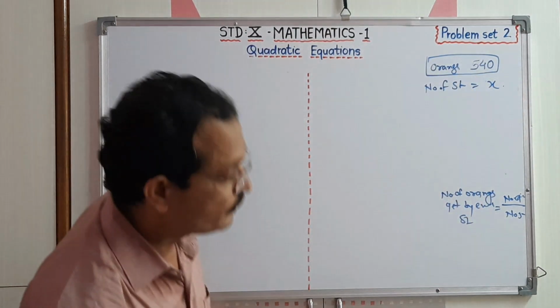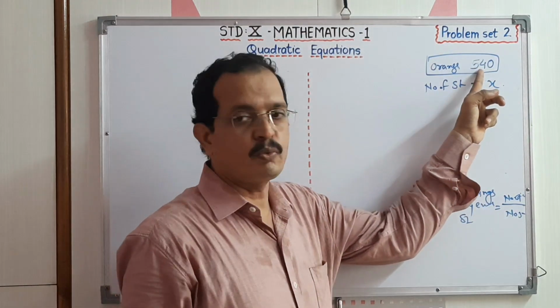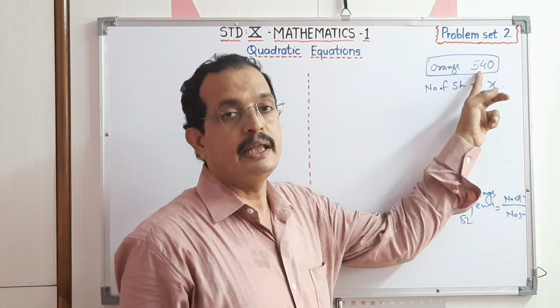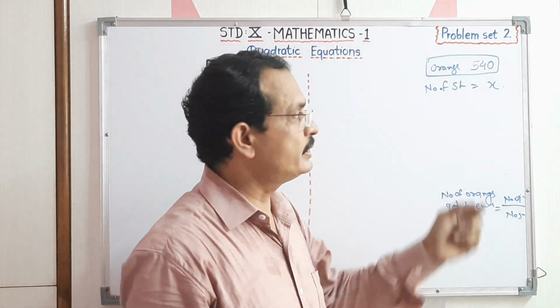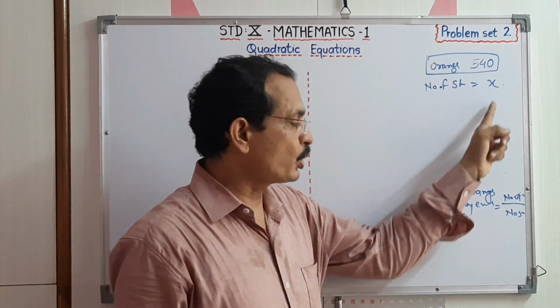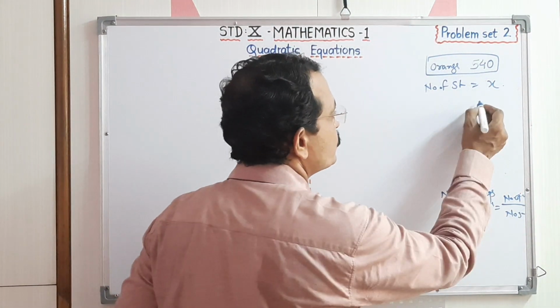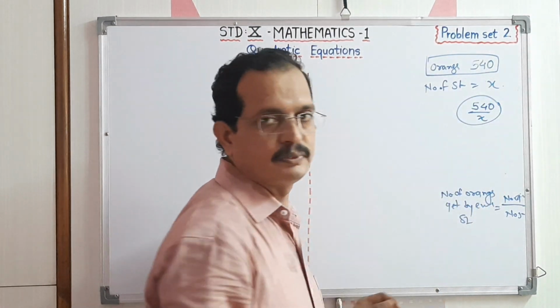If the number of students is x and total oranges are 540, then each student will get 540 upon x oranges.